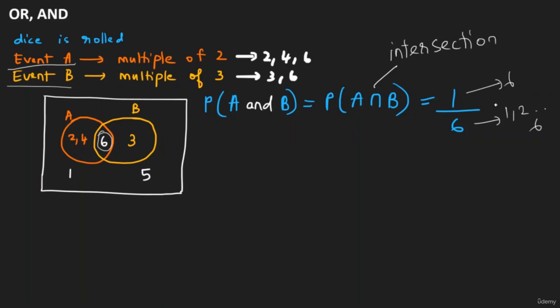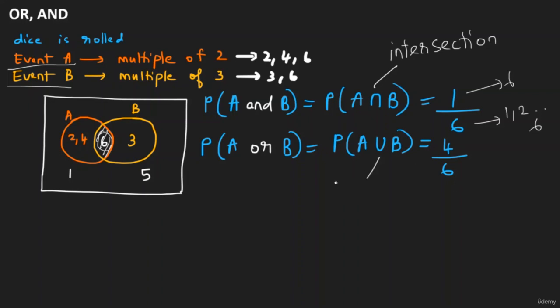From the diagram, it's very easy to understand that we just find the intersection. That's where A and B occur. Now what about A or B? What is the probability of A or B occurring? That would be the probability of A union B, which is equal to 4 by 6.